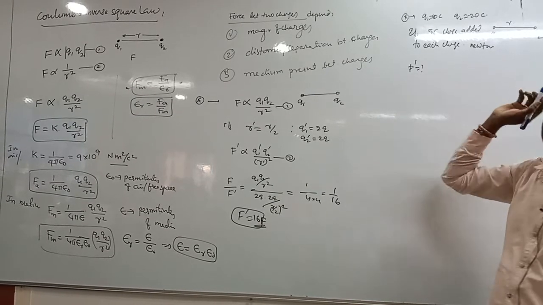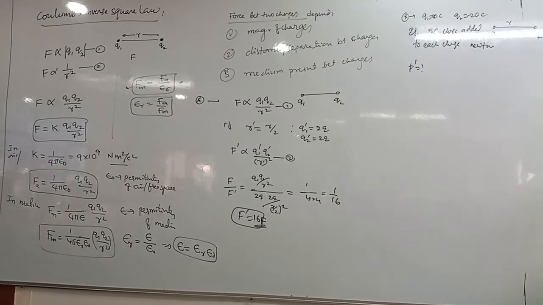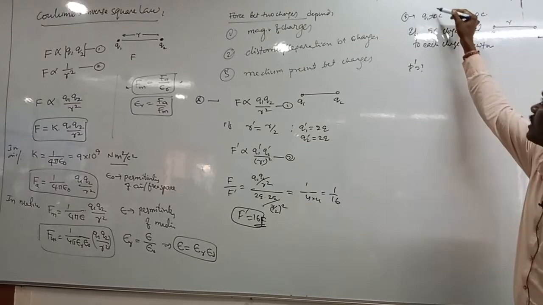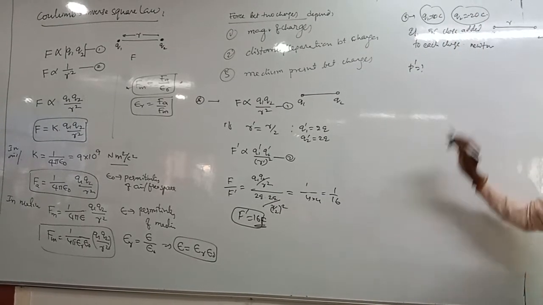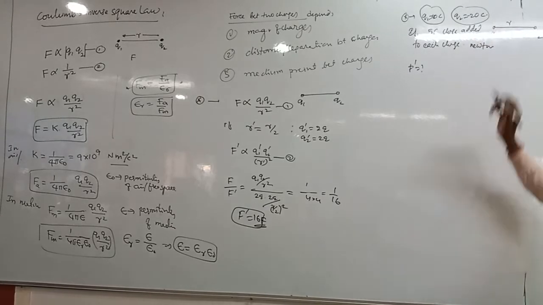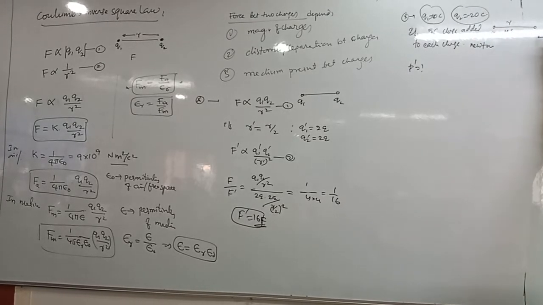Each charge has 5 coulombs of charge added, for q1 and also q2, minus 20 coulombs, it is 10 coulombs, it is minus 20 coulombs.